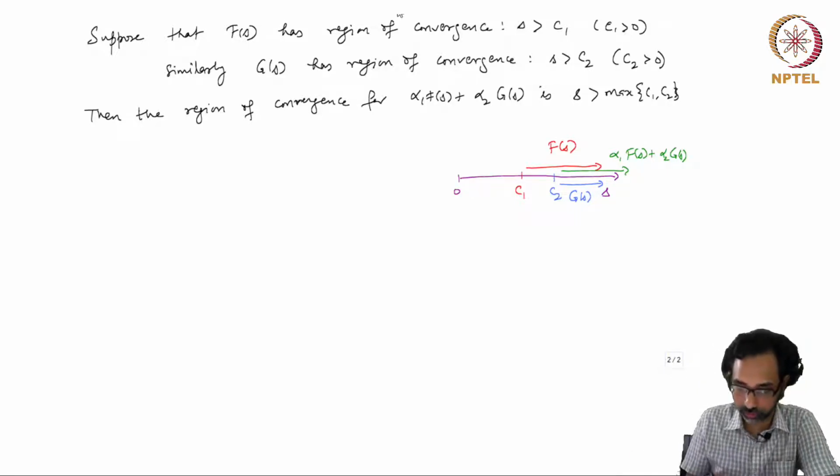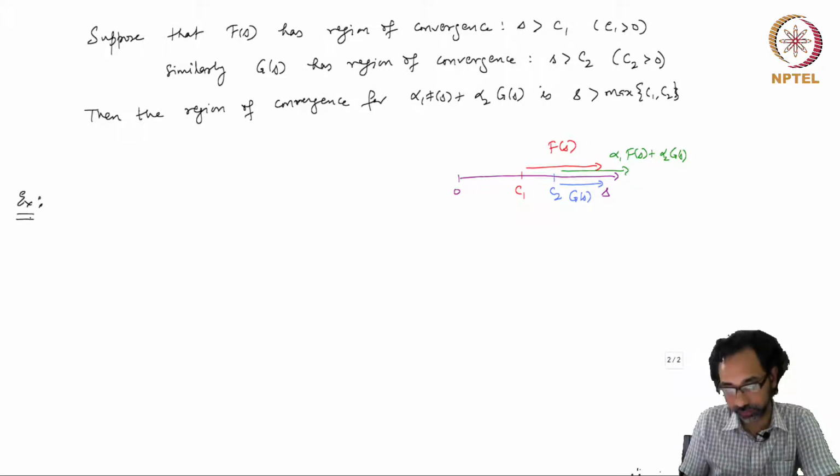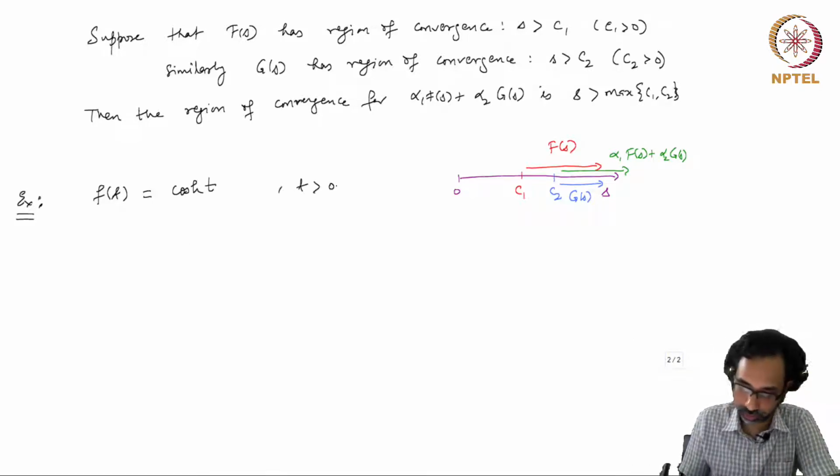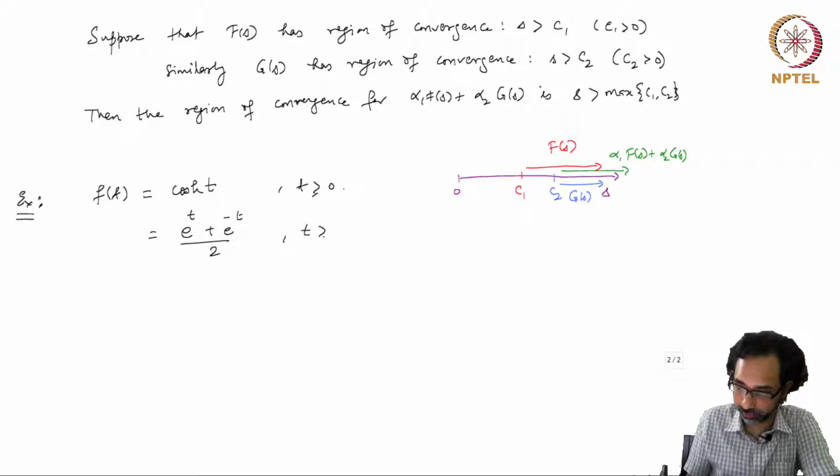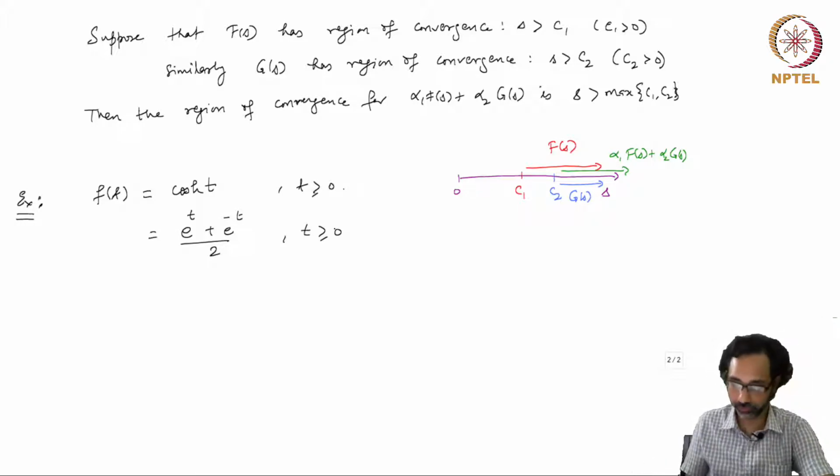So let us try to compute an example using this property. Let's suppose that f(t) is equal to the hyperbolic cosine function, cosh t. Remember that the hyperbolic cosine function is given by e to the power t plus e to the power minus t over 2 for t greater than or equal to 0.